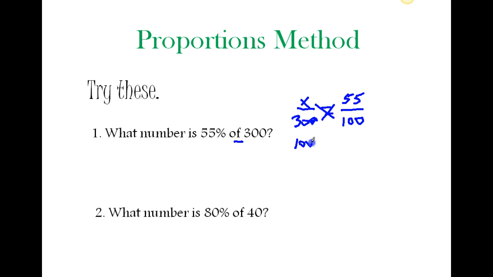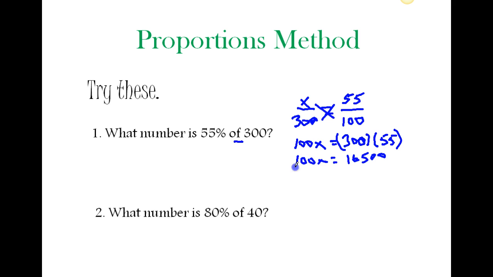X times 100 is 100x. 300 times 55. Remember, you'll be using a calculator for these. This is not estimating. We're finding the actual real answer. So you're allowed to use a calculator. 300 times 55.